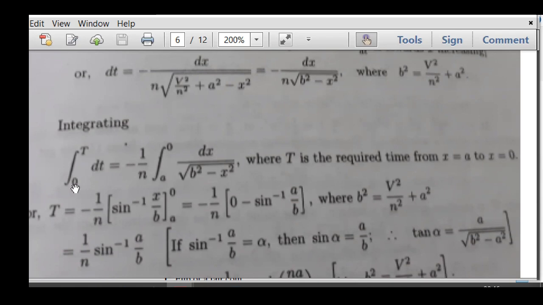What is the range of integration and why? 0 to capital T, where capital T is the required time from x equals a to x equals 0. This is what we are asked: what is the time required to move from the initial point to the fixed point? Corresponding limits on x: when t equals 0, you are at capital A.